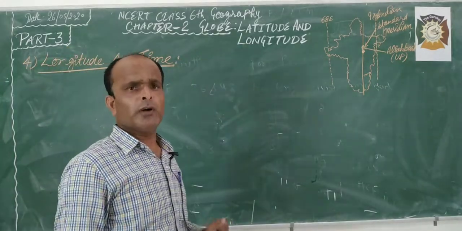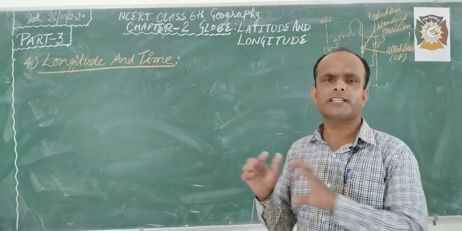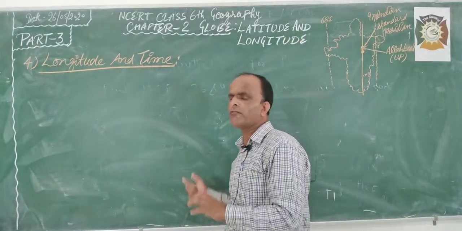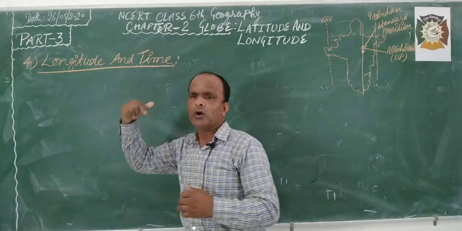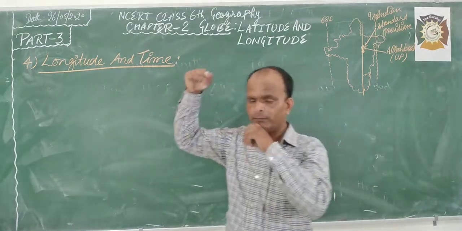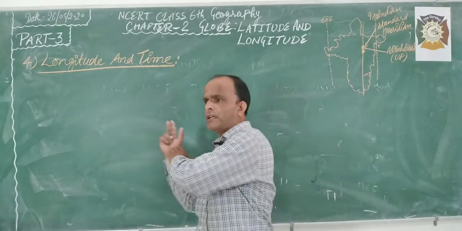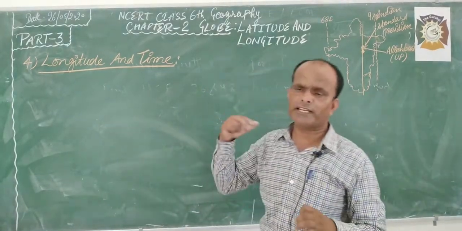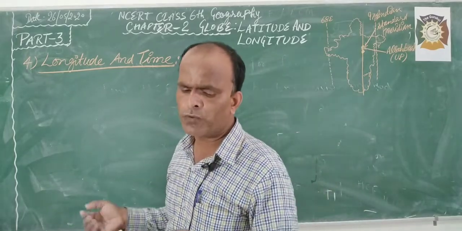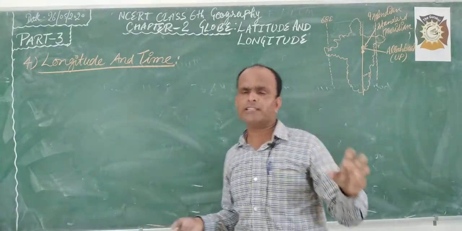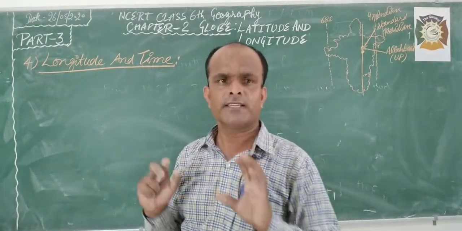So you know, the sun is the best timekeeper. Why do we call the sun the best timekeeper? Through the sun we can know the time. If it is totally on our head, it is 12 o'clock noon. If it is in a slanting way, we call it evening. If it is rising, we call it morning. So we can calculate the time through the movement of the sun.